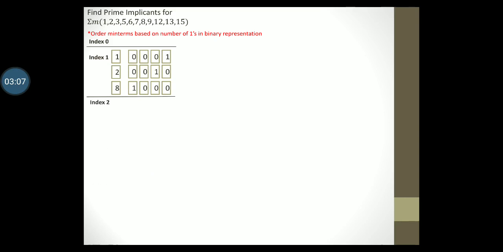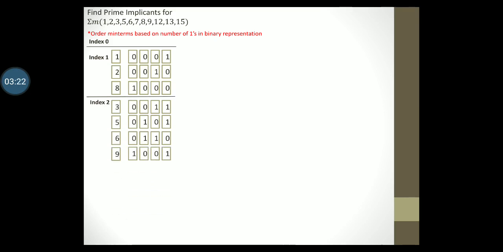Now we go to index 2 and look for those minterms with 2 ones in their binary representation. We have minterm 3, minterm 5, minterm 6, minterm 9, minterm 12. And from the question, notice that there are no more minterms which belong to this group.